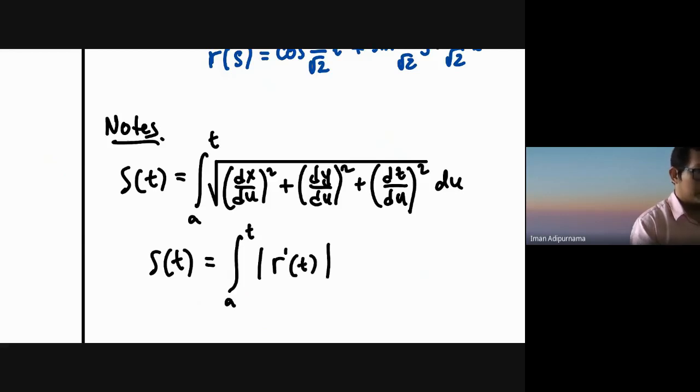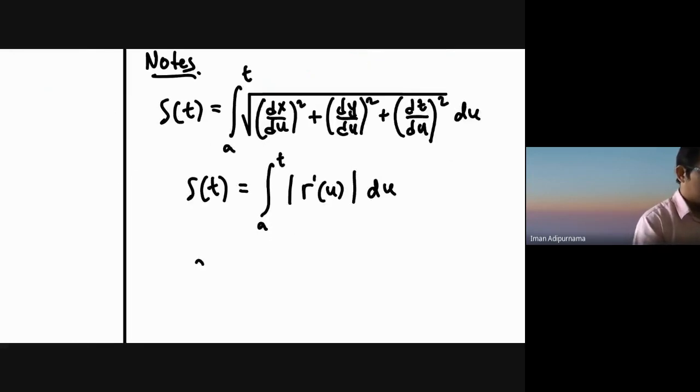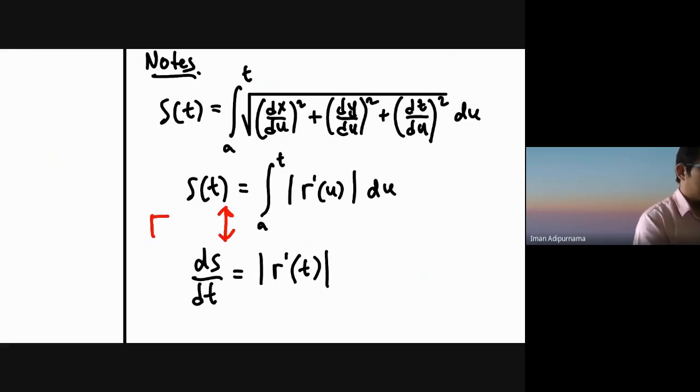The value of r prime, and du. Or we can write this, if we differentiate the arc length function, we get the r prime, right? This is the fundamental theorem of calculus.